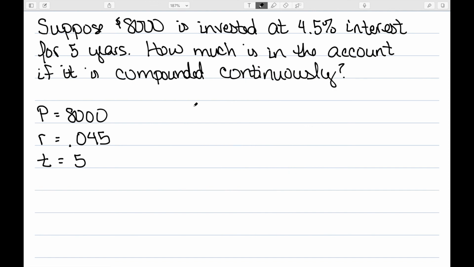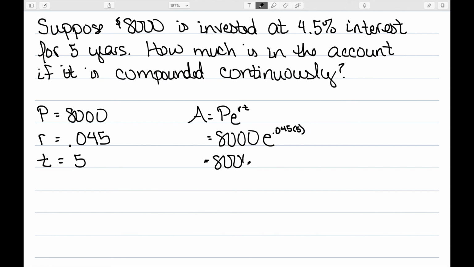Finally, I'm going to do this same problem, but this time interest is going to be compounded continuously. So this time I'm going to be using A equal to P times e to the RT. We know that P is 8,000 just like it has been. R is 0.045 and T is 5. This becomes 8,000 times e to the 0.225 power.